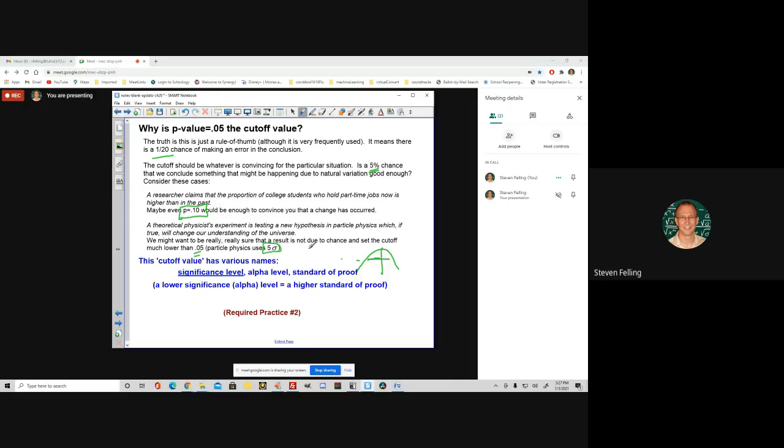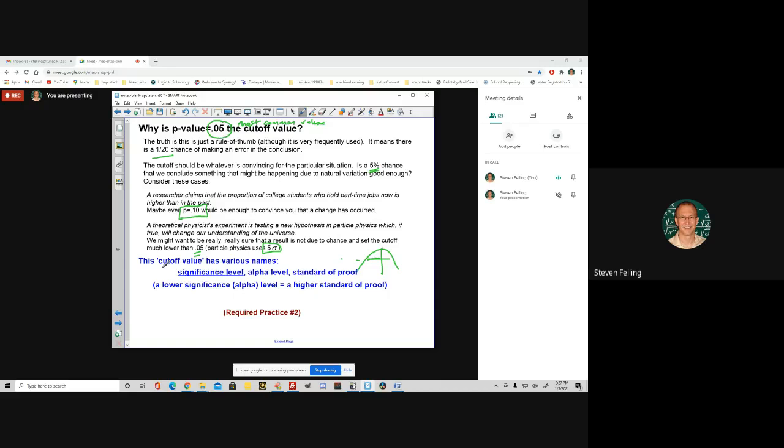So this value can change, but the truth is this is by far the most common value. Okay, so we often use that value. But if you have some reason or justification for changing it, making it higher or lower, you can do that. In fact, we'll investigate what happens when you do change it in the next chapter.